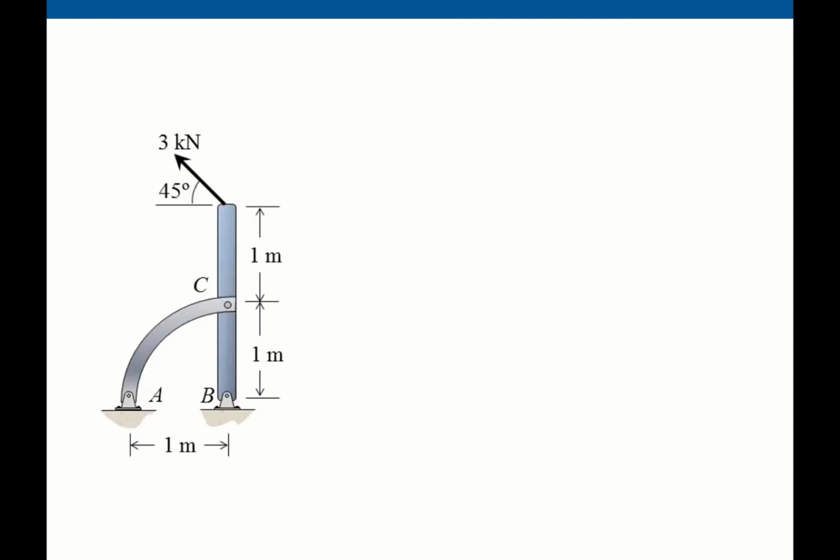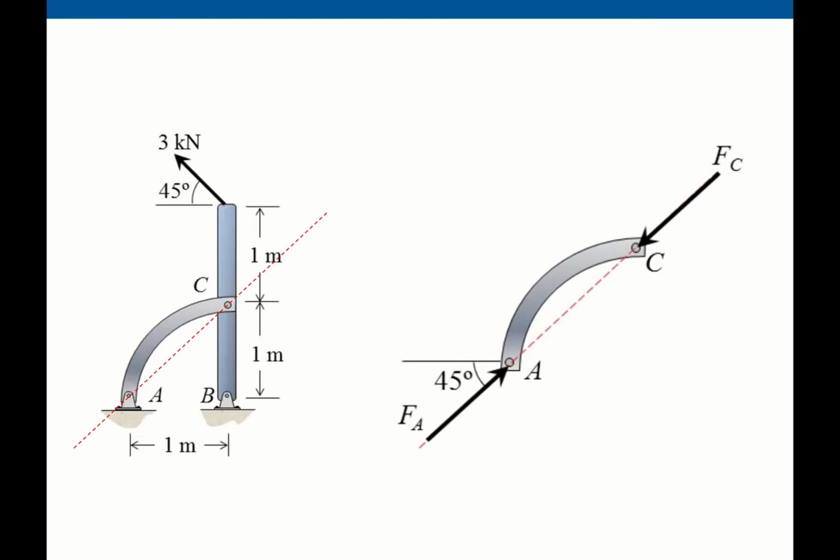So let's use the two force member system. As you can see, there are two force members. What is a two force member, guys? This is a two force member. Because this object is stable, there is no movement.